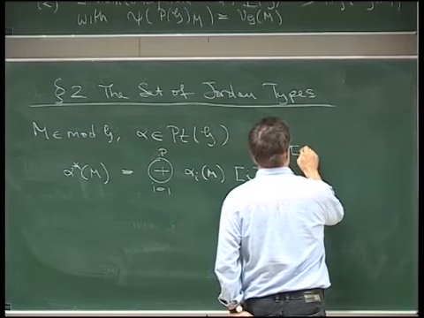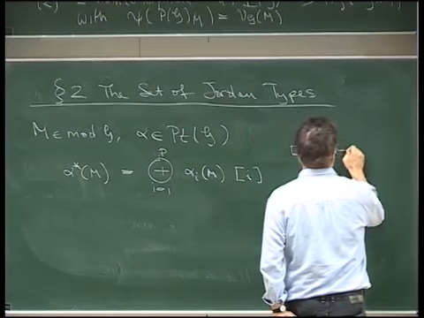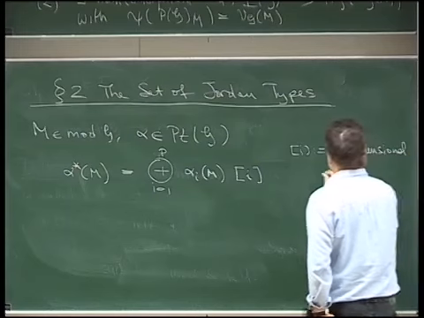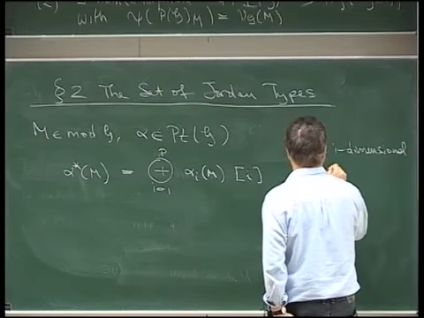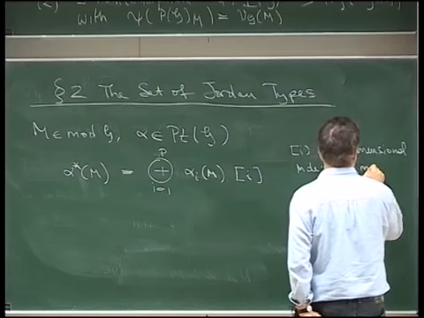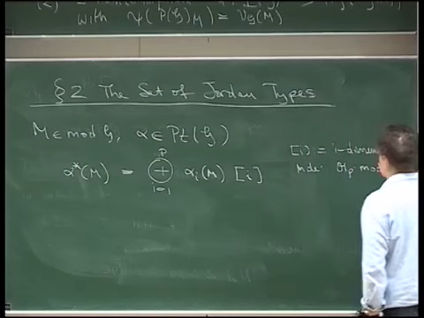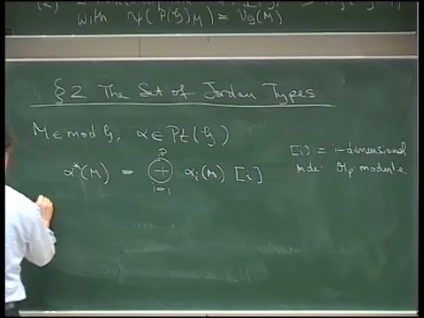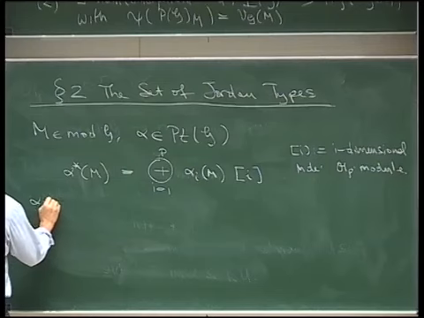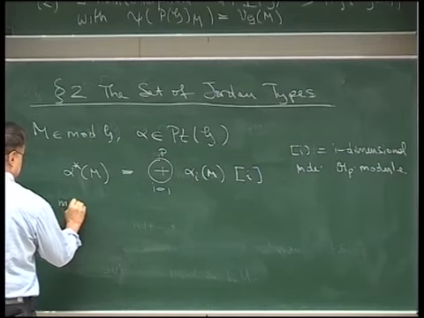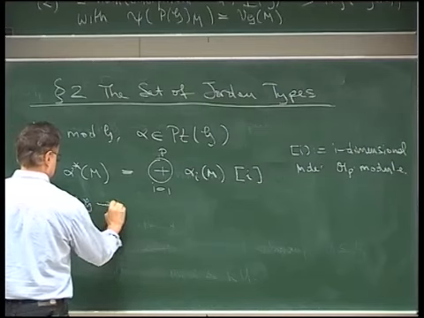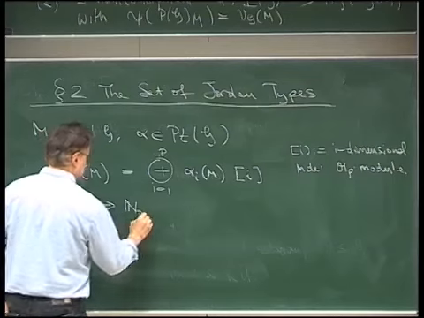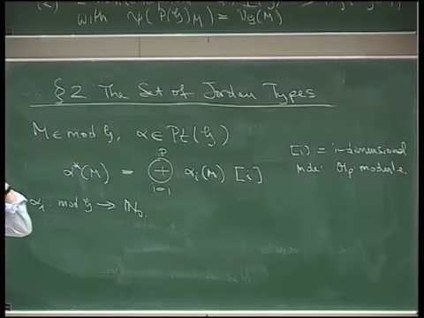So this is the i-dimensional indecomposable A_p-module. So what one gets there are these functions alpha_i from mod G into the natural numbers, including 0.